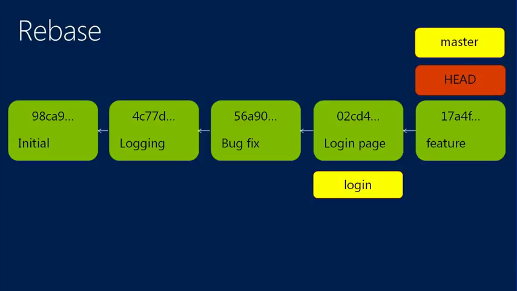There's always dragons, and the dragon that you need to be afraid of in this scenario is that when you rebase a branch, you completely re-alter all the history, including all the SHAs. So you're basically taking those commits and replaying them and generating a whole new set of commits. So if you've pushed a feature branch into a public place and people have got your code, they have those SHAs in their repositories.